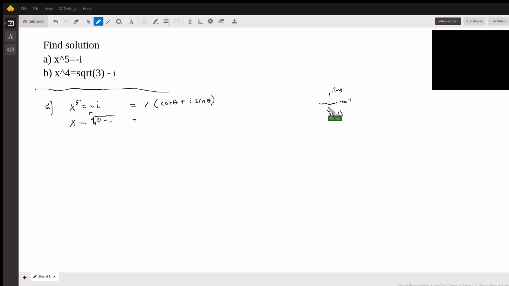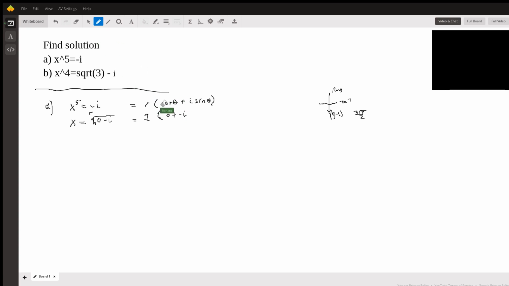So r is this length. It's 1. Now theta in this case is 3 pi over 2. And on the unit circle, it has these coordinates. So the cosine of theta is going to be 0, and the sine of theta is going to be negative 1. And that's how it works.